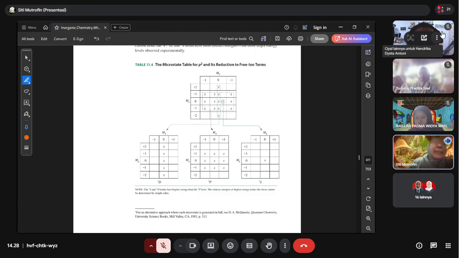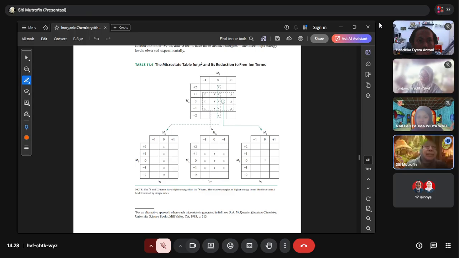Actually, to obtain the three energy levels of the three free ion terms, we have to change all the microstates in table 11.2 into the X symbol, a small X symbol.